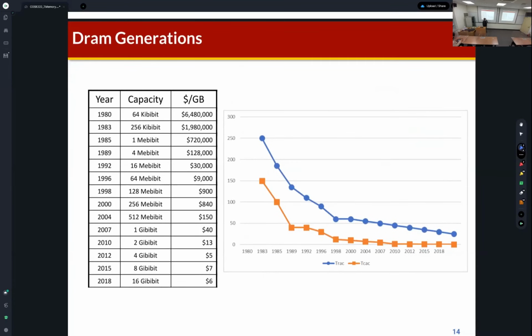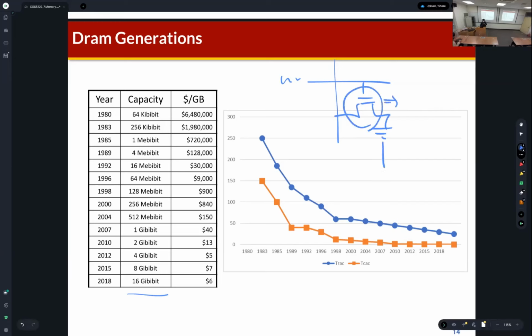So this graph shows the capacity of DRAM and the cost of DRAM per gigabyte. As the technology advances, the capacity is also increased because, as I mentioned, the DRAM cell is composed of a transistor, an NMOS transistor.